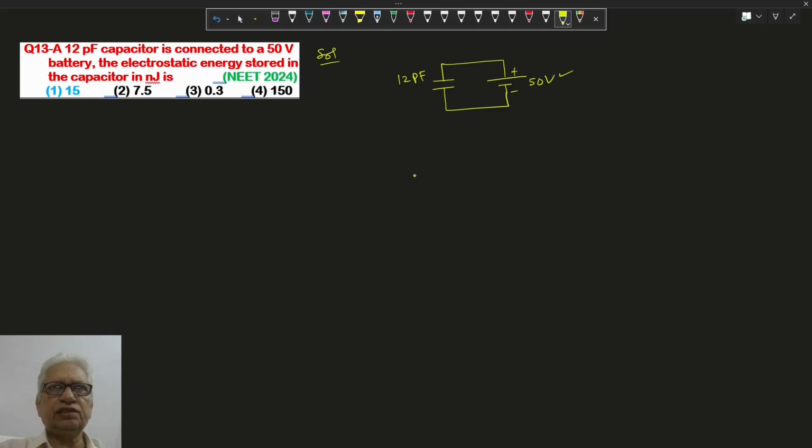So in this question, a 12 picofarad capacitor is charged by the 50-volt battery. So the energy stored here is half CV square, 12 picofarad multiplied by 50 squared, which becomes 5 5 25, 6 times 25 is 150, at 10 to the minus 12.